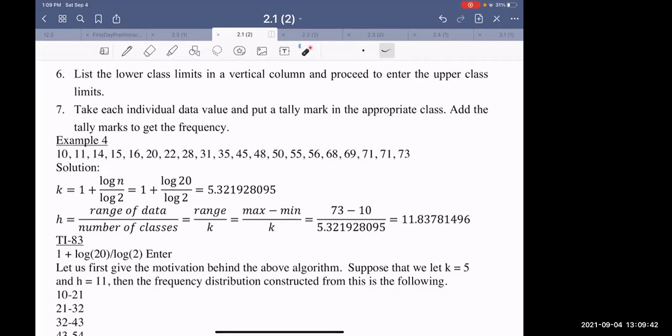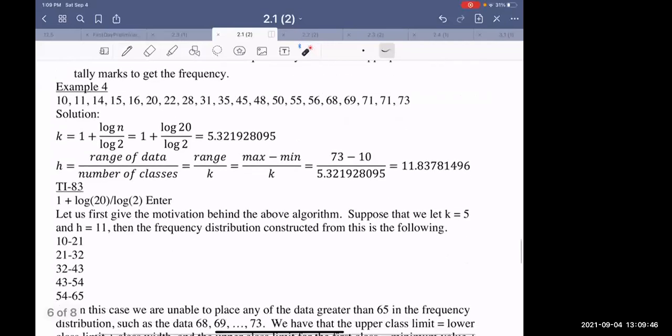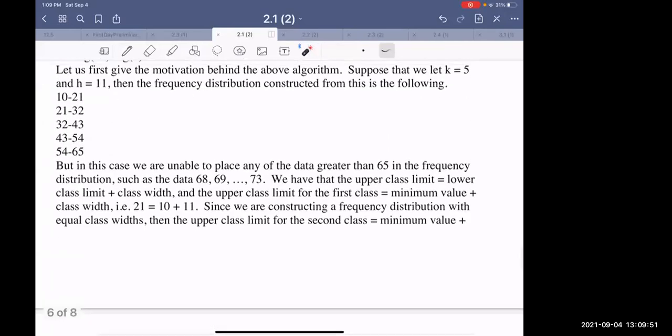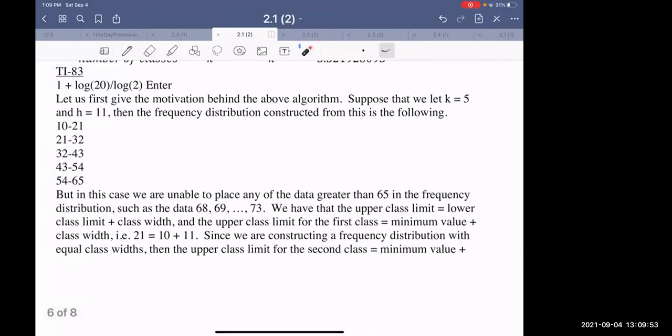And so something goes wrong. If you look here, how did we get 21? We added 11. How did I get 32? I added an additional 11. Keep adding 11.